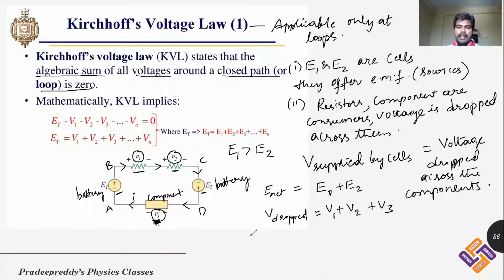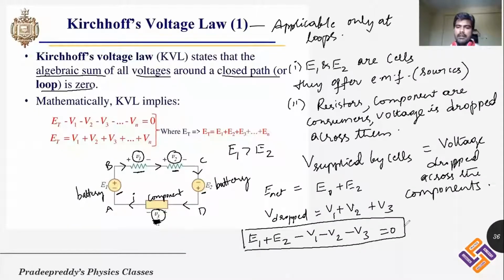So simply I can write E1 plus E2 minus V1 minus V2 minus V3 is equal to 0. This is the final expression, and we call it Kirchhoff voltage law, the KVL equation.